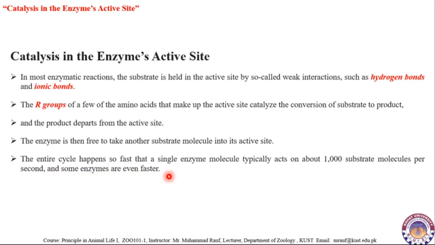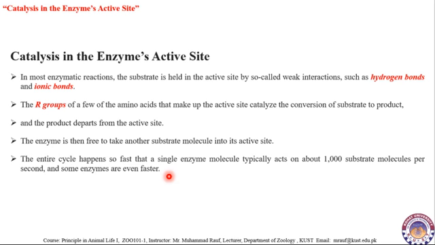So the enzyme substrate complex is established and then the reaction is catalyzed, the substrate is converted into products, and then this association is weakened, destabilized, the products are released, and the active site of the enzyme is once again available to bind to another substrate.